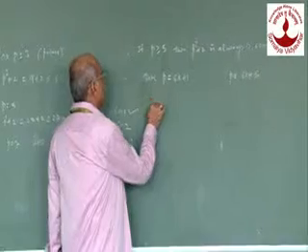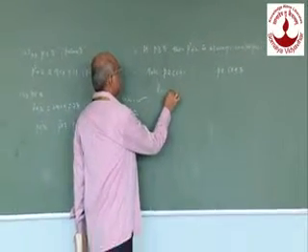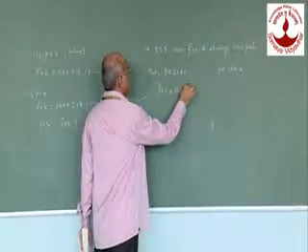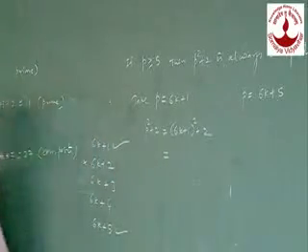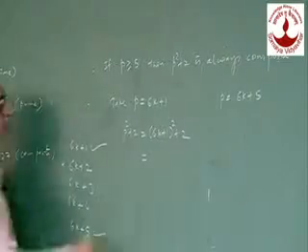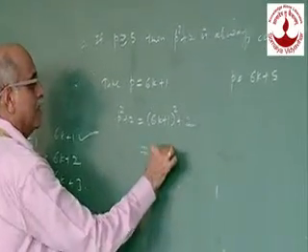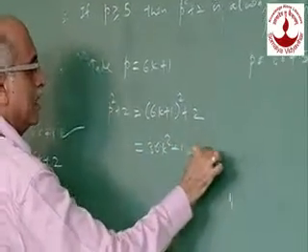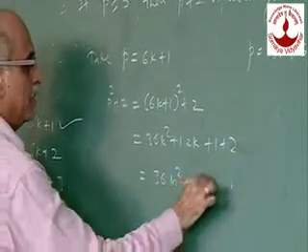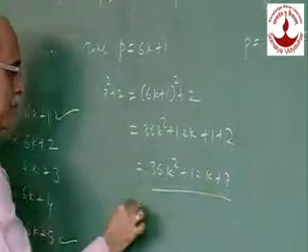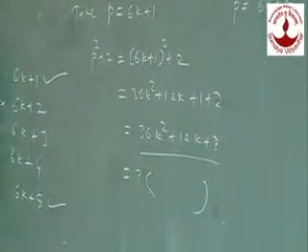Then we find out P square plus 2, which is (6k plus 1) whole square plus 2, based on the formula for (A plus B) whole square from class 8. That is 36k square plus 12k plus 1 plus 2, which is 36k square plus 12k plus 3, and you can take 3 common.